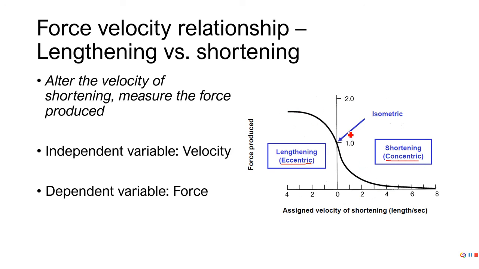We have different force production. Now, the force velocity curve essentially states that the force the muscle can create decreases with increasing velocity. Okay, while the force the muscle can resist increases with increasing velocity of lengthening. With concentric contractions, we are actually producing force. Okay, we're shortening the muscle, whereas with eccentric contractions, we're lengthening the muscle, which means we're actually resisting force.